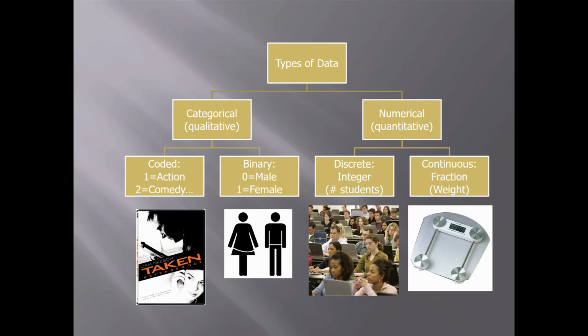So anything that's basically an integer. So number of siblings, number of kids. So continuous is anything that has a fraction, anything that's not an integer. Things like sales, revenue, profit, market share are all going to be continuous. And we can do a lot with continuous numerical data.